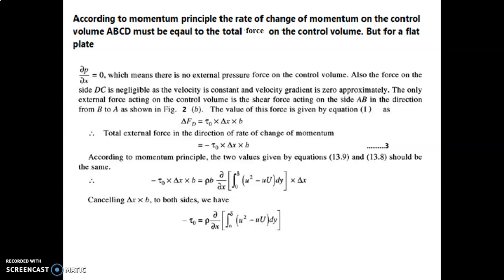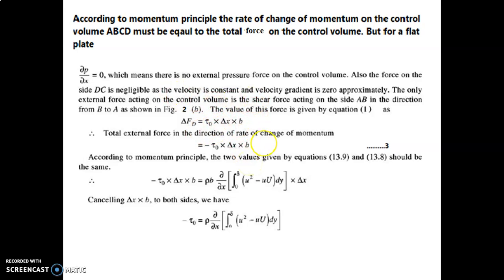According to the momentum principle, the rate of change of momentum on the control volume ABCD must be equal to the total force on the control volume. If there is no external pressure on the control volume, which means del P upon del X is 0, and the side DC has negligible velocity, that is, the velocity gradient is also approximately 0.